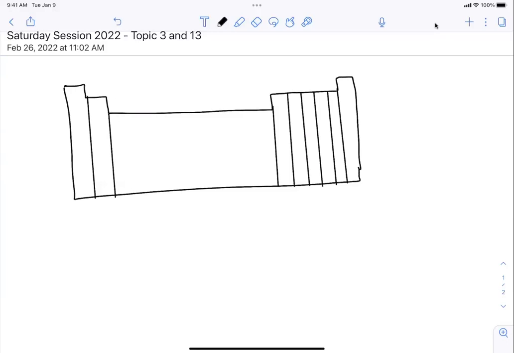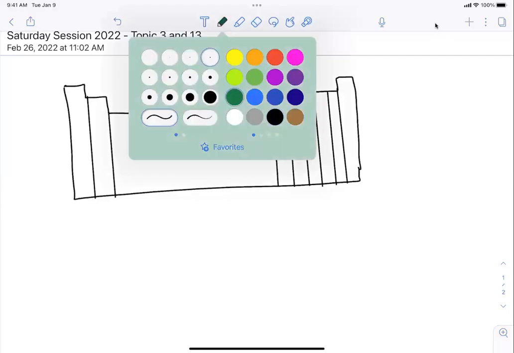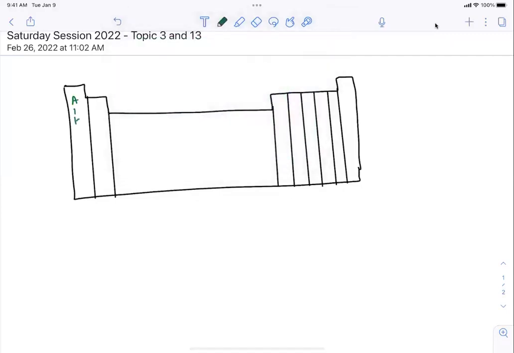Okay. A couple of things that I want to highlight on here. First, there are certain important groups that you need to know for this periodic table. So there is the alkali metals. There are the alkaline earth metals. I don't like the way this is writing. I'm just going to write like this.